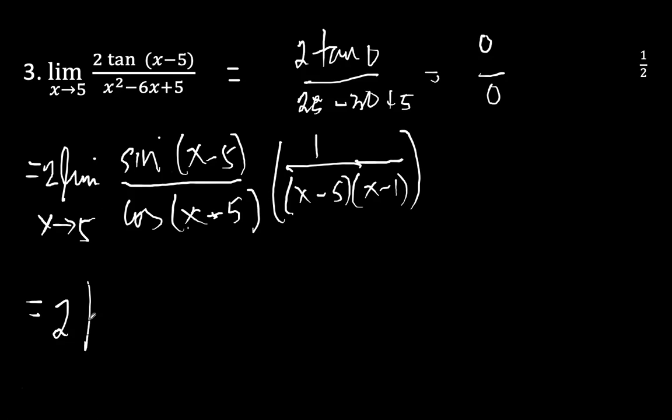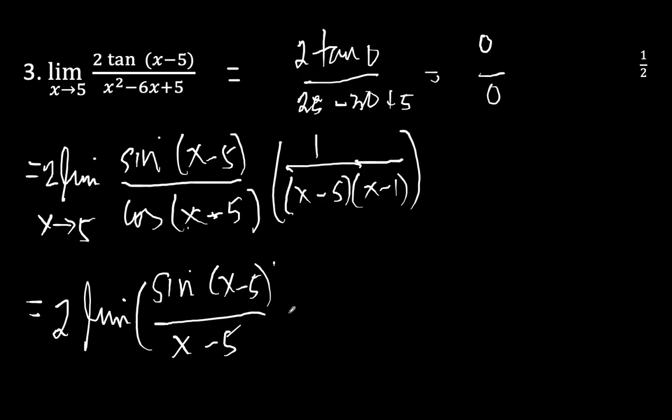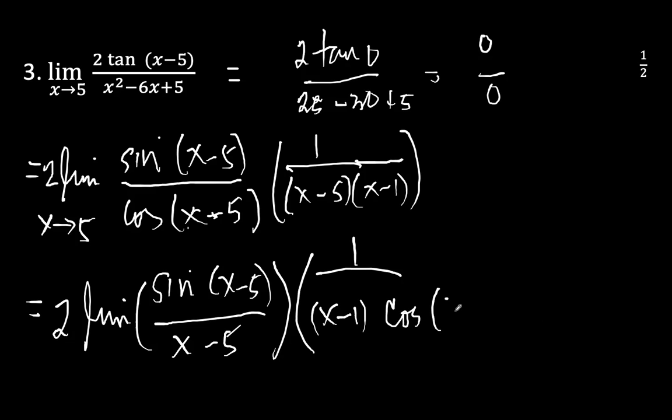So this becomes 2 times the limit of sine of x minus 5 over x minus 5 times 1 over x minus 1 times cosine of x minus 5, okay? So we have already expressed this in terms of theorem number 1.